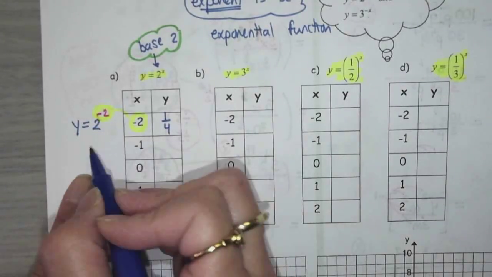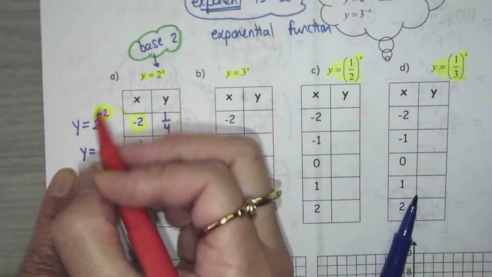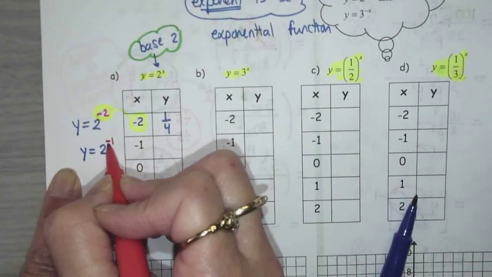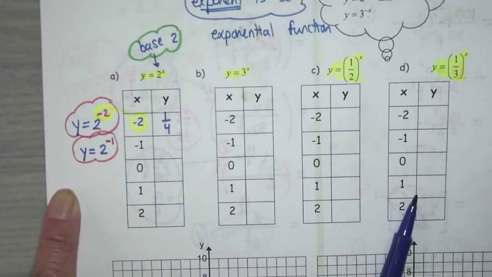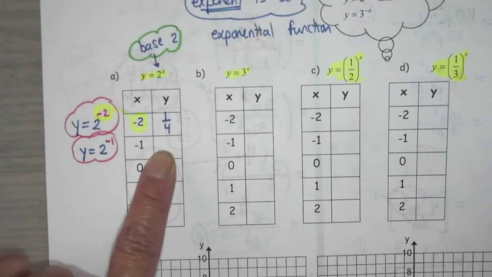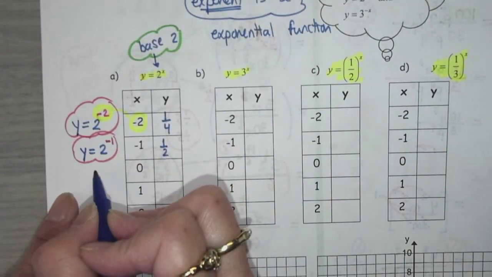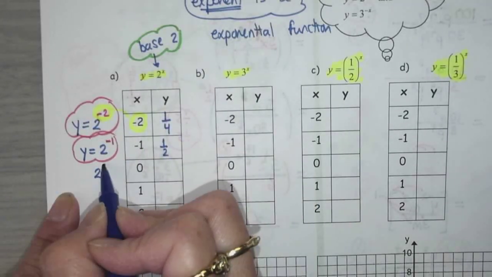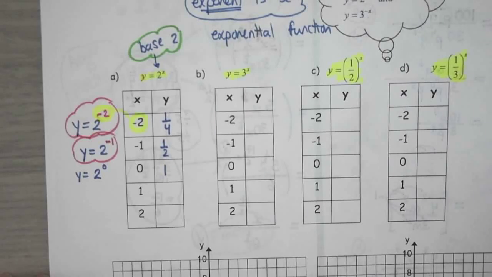Okay? How about this one? This will be y equals 2 to the negative 1, right? Because that goes in here. So again, you don't have to show this. This is just your brain thinking, wait, how am I calculating that? So what would it become? 1 over 2. Okay. What is 2 to the 0? 1. Yeah, we know that one. 1.